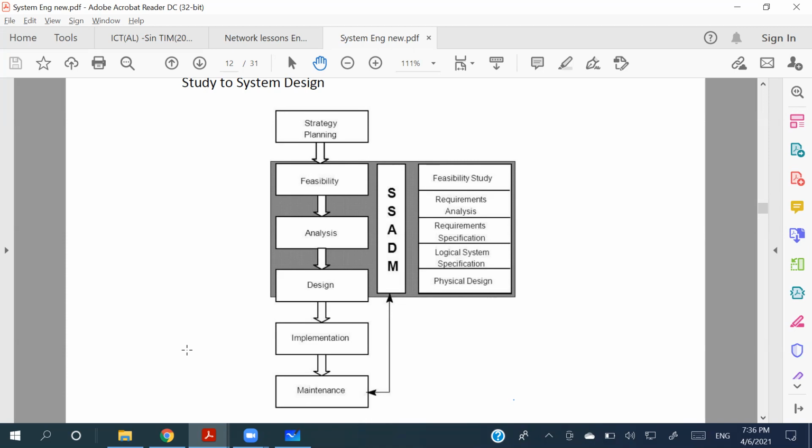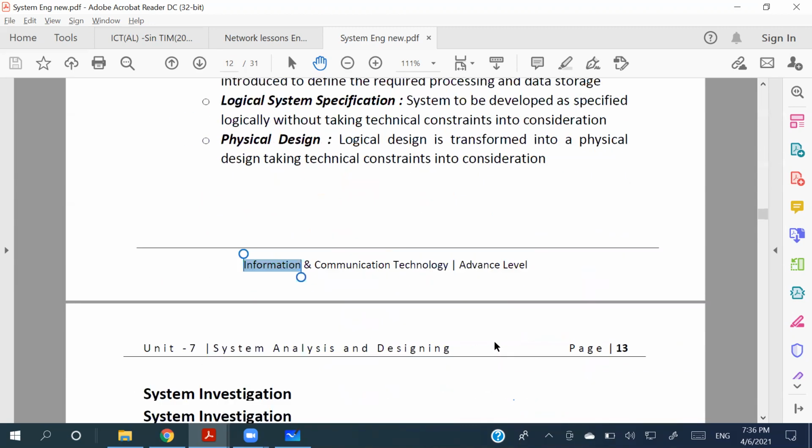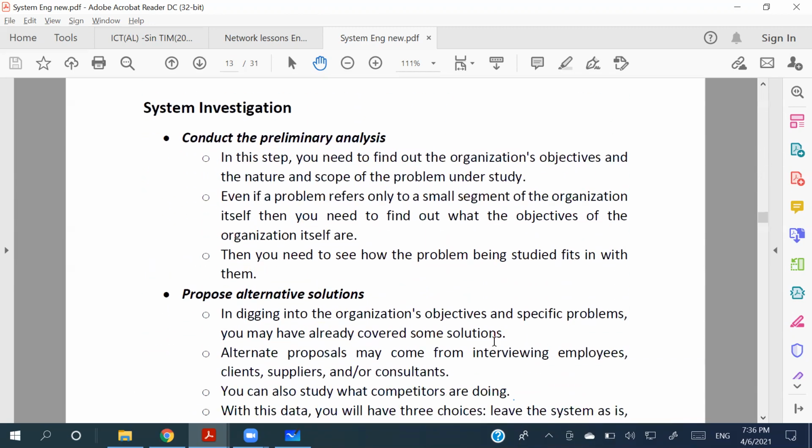Those kind of things are there. So in SSADM, the feasibility analysis and designing, those 3 steps are being further described in a different manner, right? So this is what you call SDLC, and hereafter we are going to talk about this SDLC starting from the beginning and going until the end.